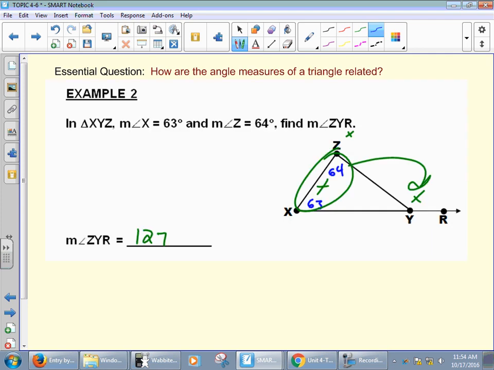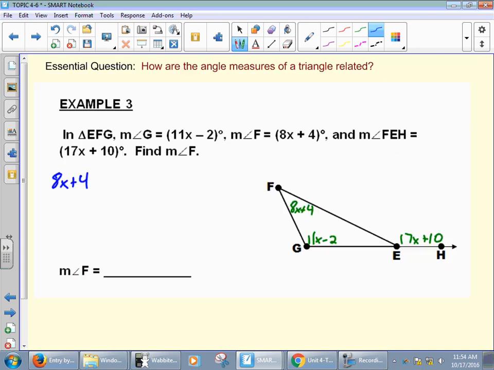Earlier, I said that basically this is 63 plus 64 equals 127, right? So this would be my 63 right here. Correct. Okay, does everyone understand that? Because then I put equals 127, but instead of 127, I have 17x plus 10.